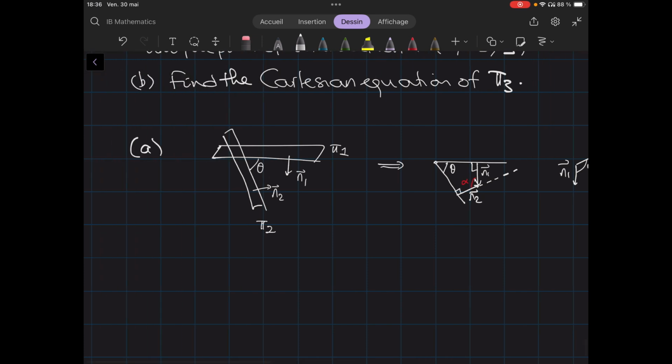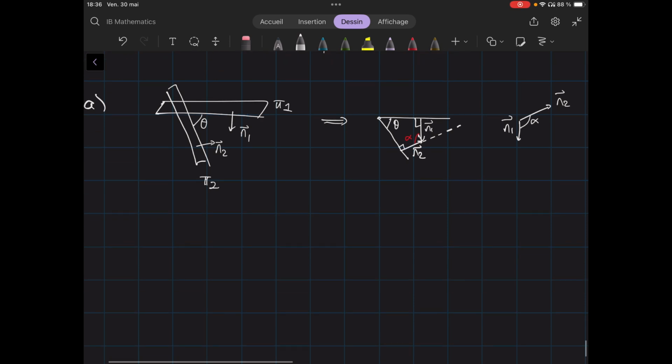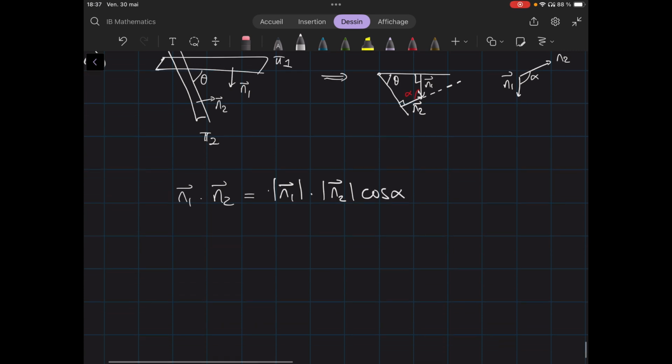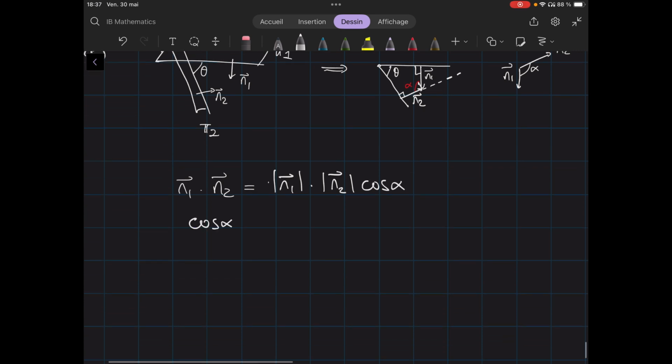So let's do the math. We know that n1 dot n2 is equal to the magnitude of n1 times the magnitude of n2 times cos of alpha. Cos of alpha is therefore n1 dot n2 divided by the product of the magnitudes.